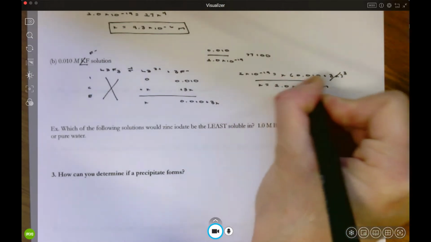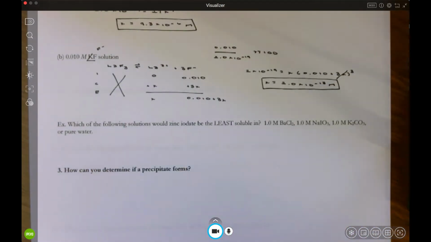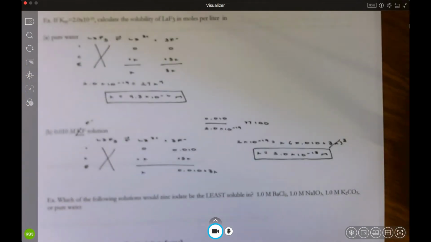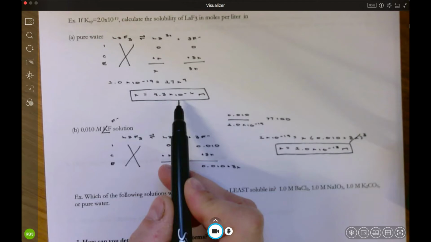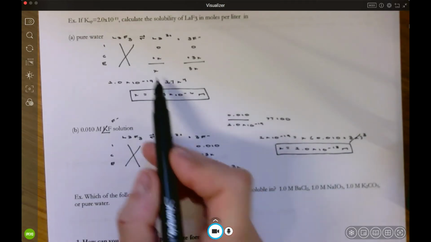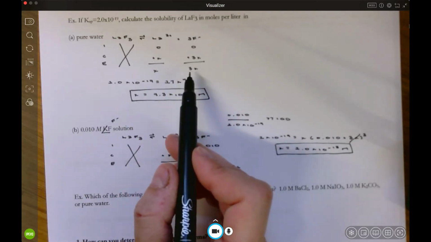So let's compare and talk about the common ion effect. When I had no La3+ or F minus in solution, the solubility was 9.3 times 10 to the negative 6, meaning that concentration of La3+ was in solution and 3 times that was present for F minus.